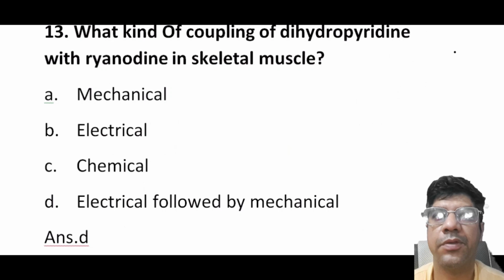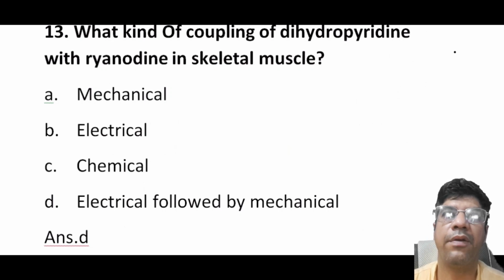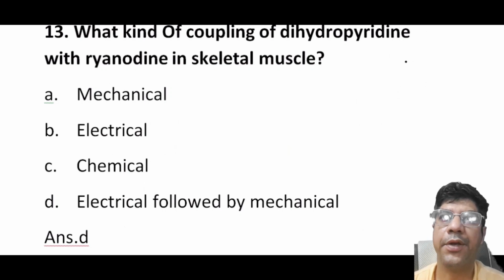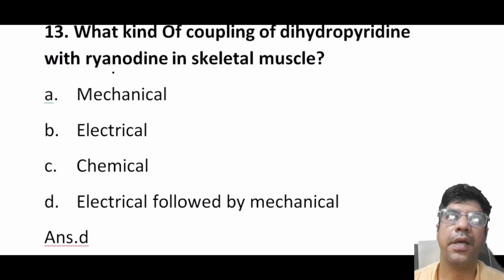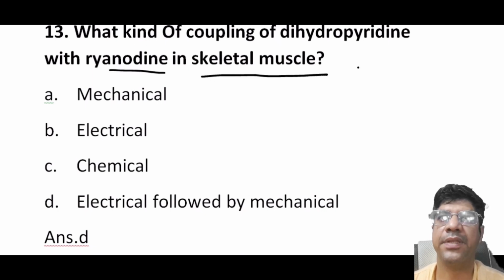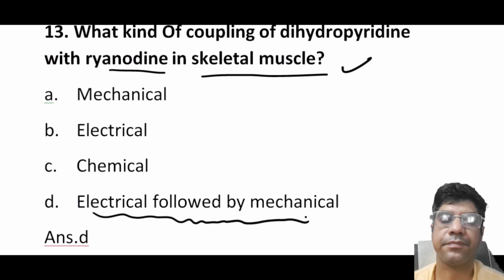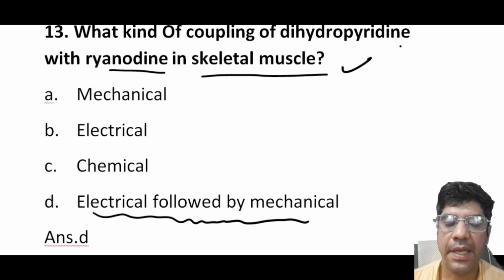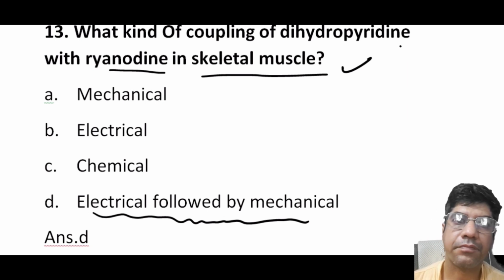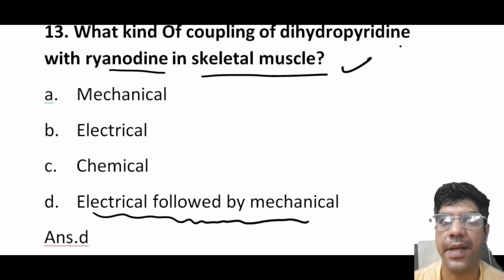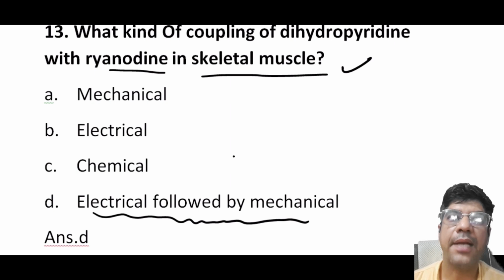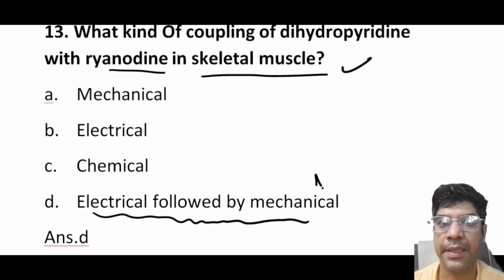Now coming to the next question: what kind of coupling of dihydropyridine with ryanodine in skeletal muscle is seen? The answer is electrical followed by the mechanical. In skeletal muscle, the coupling between the dihydropyridine and ryanodine receptors involves the electrical as well as the mechanical signals.